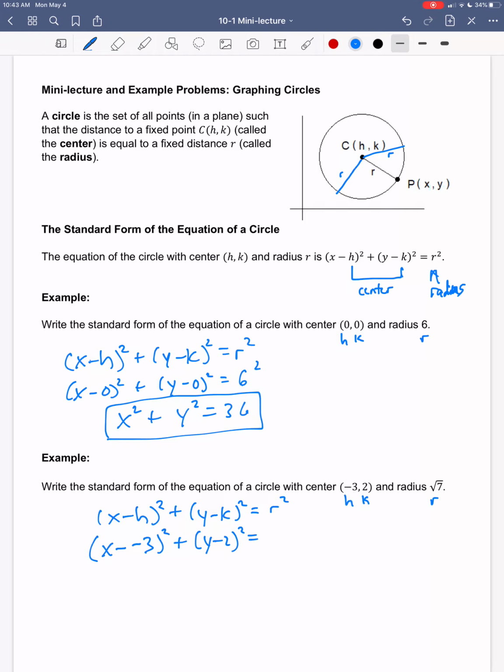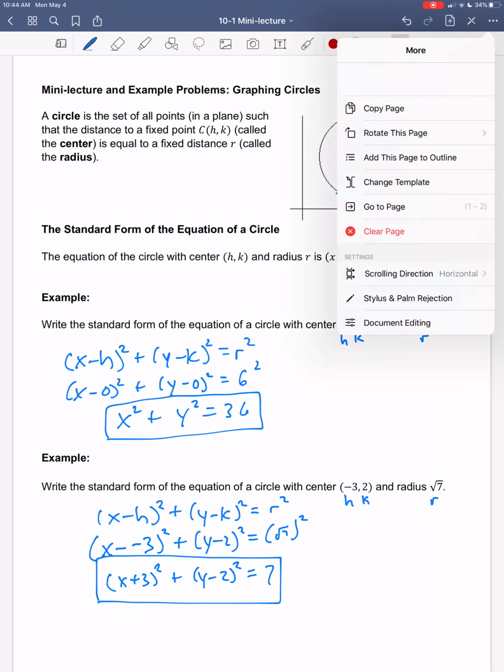And here my r is square root of 7, so I get square root of 7 squared. So x plus 3 quantity squared, y minus 2 quantity squared equals... square root of 7 times square root of 7 is just 7. And we usually leave a circle like this in standard form. So we don't want to do FOIL and stuff on this. We want to just leave it like it is.